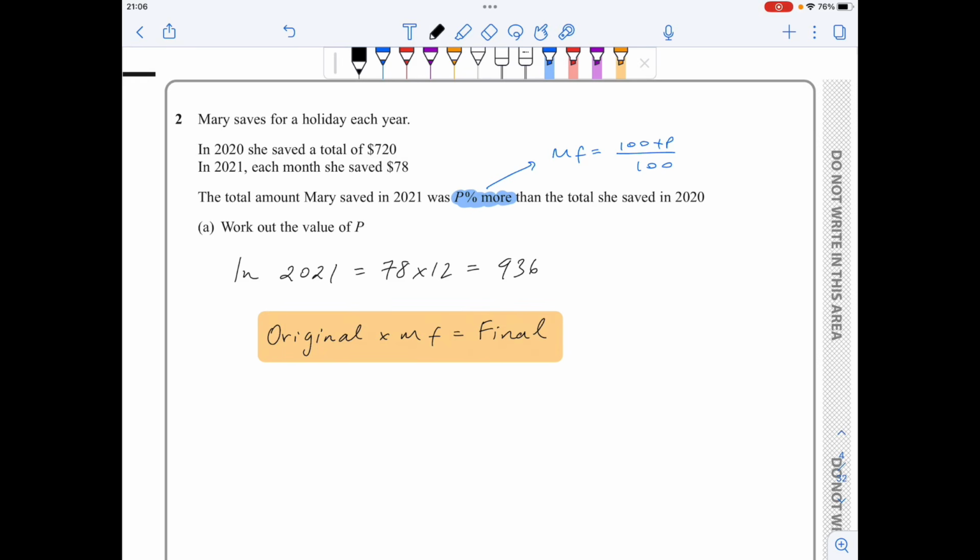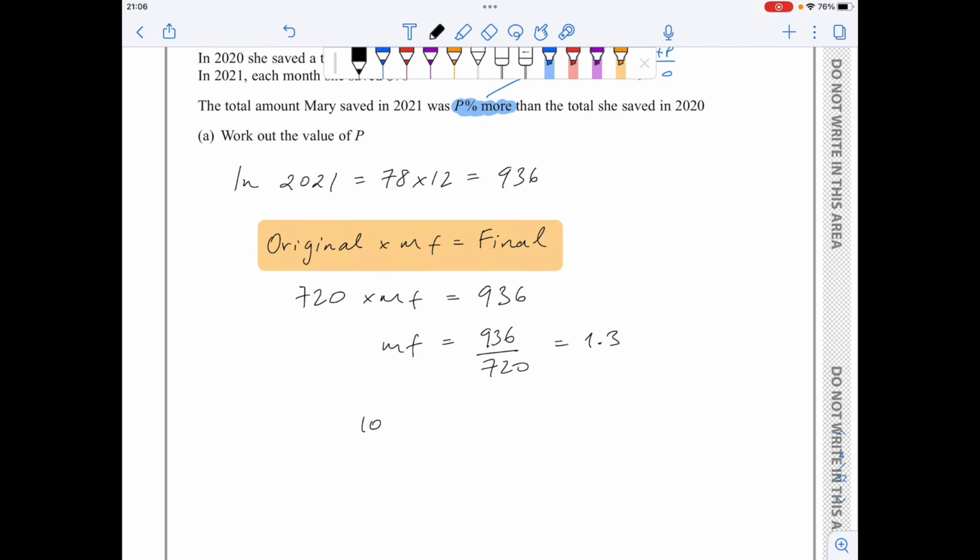In this case, the original is the 2020 amount, so 720 times the multiplying factor will give me the 2021 amount, which is 936. So the multiplying factor is 936 over 720, which is 1.3.